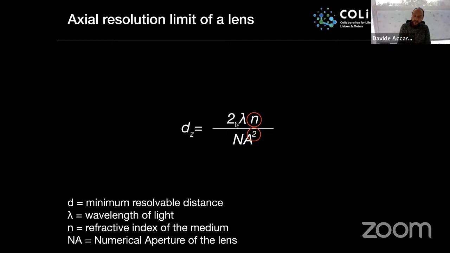So if you have a 1.2 numerical aperture water lens and a 1.2 oil lens, the water lens will outperform the oil lens. Again, there are many considerations about this, and talk to us.